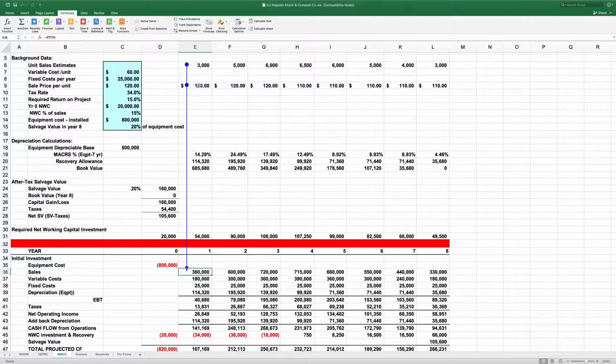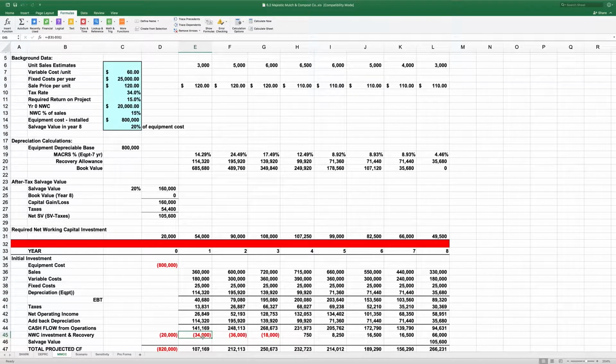Now, earlier we talked about net working capital. Where's the net working capital here? Let's get rid of the error. Let's look at E45, the first net working capital change, $34,000.